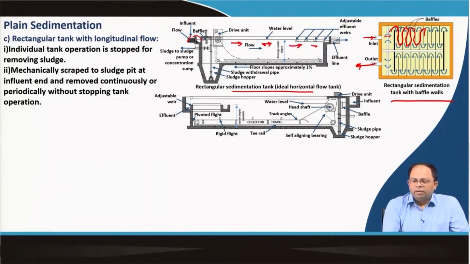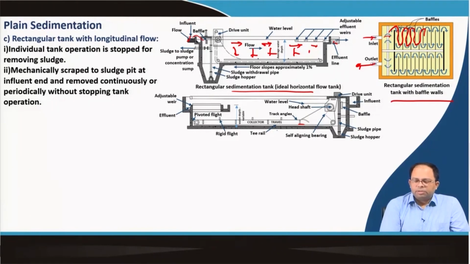Then over here it flows into this particular effluent weir, and these are channels where, once the water rises to a certain height, only then can it flow in, and eventually it goes out through this effluent line over here. During this flow, sedimentation happens, and below you can see a mechanical scraper, which is a sort of belt. You can see the same system over here as well. So, this is sort of a belt drive.